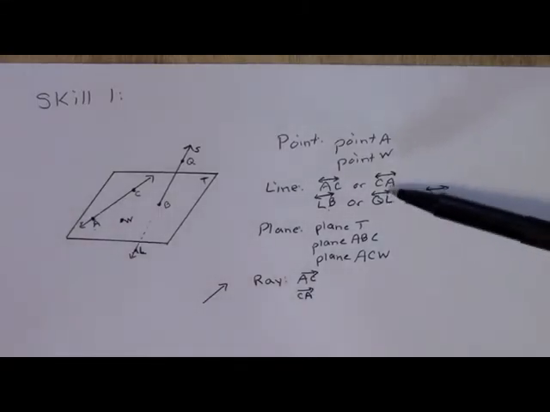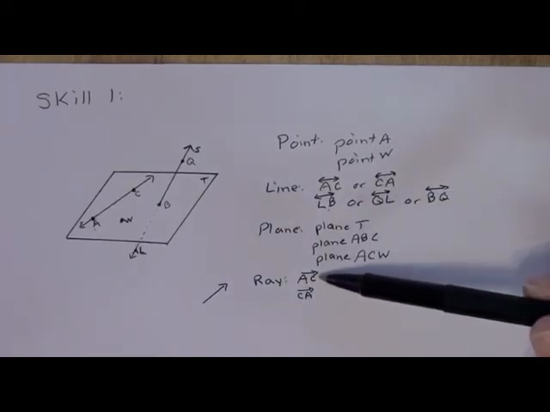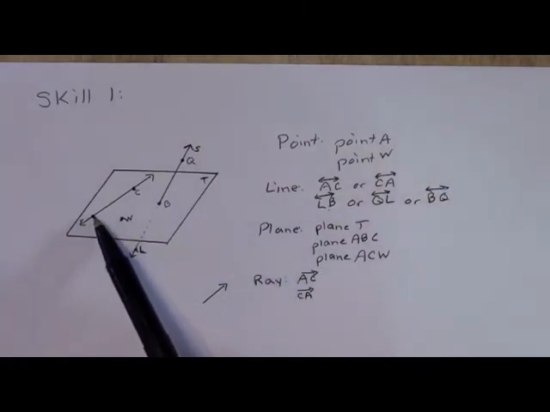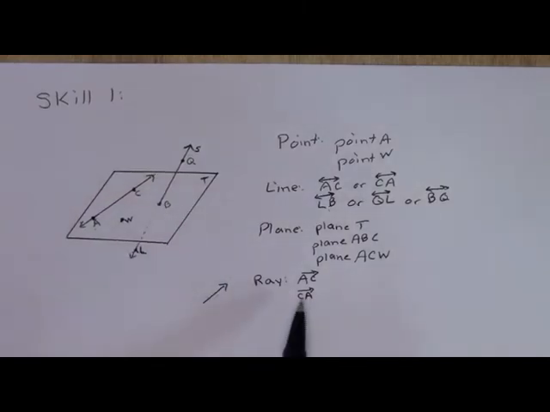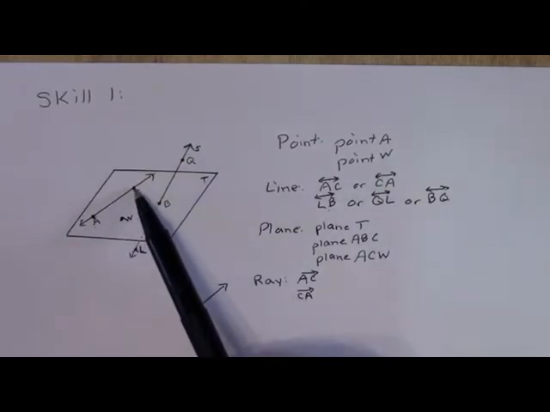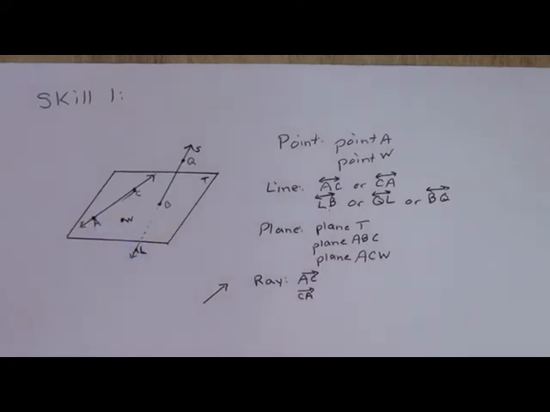Now when we dealt with a line, switching the order of the letters didn't actually change the line. But here it does. Ray AC is the one that starts at A and goes up and to the right forever. Ray CA starts at C and goes down and to the left forever. So they're actually going in opposite directions and they start in different places.